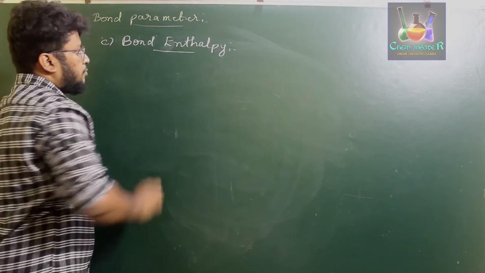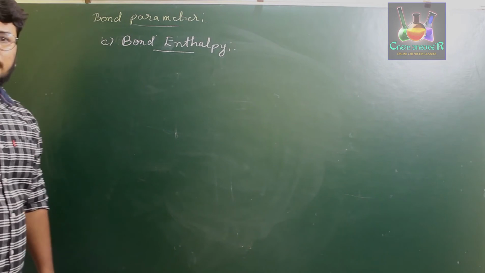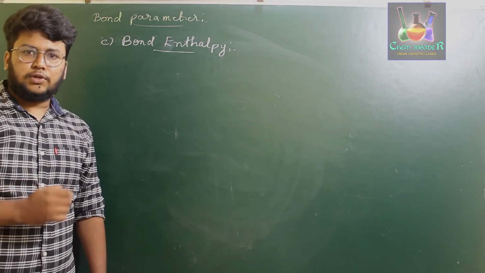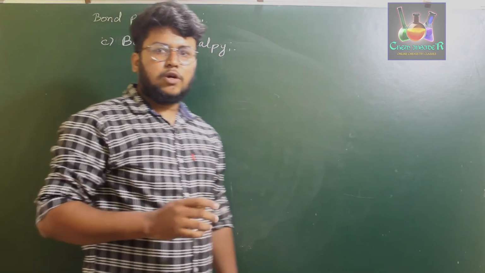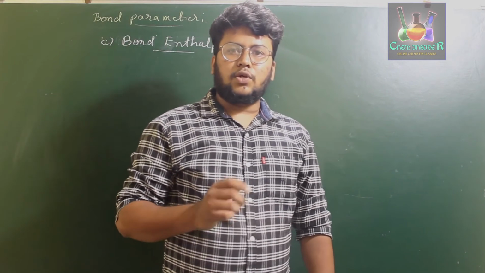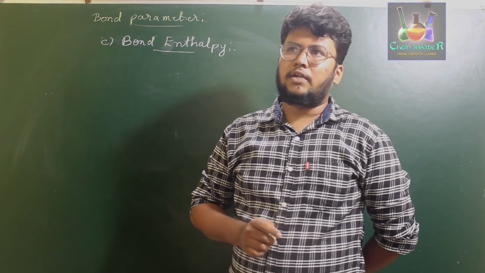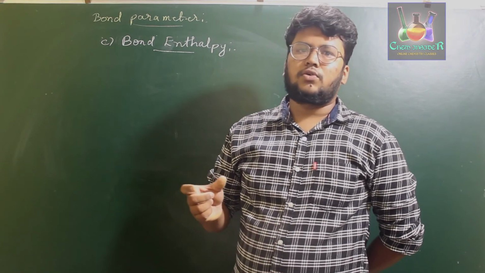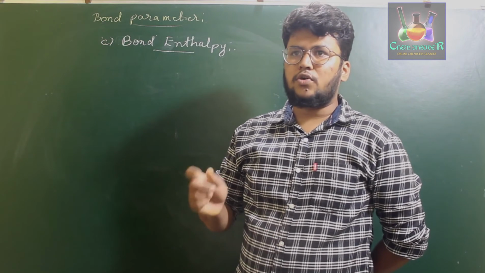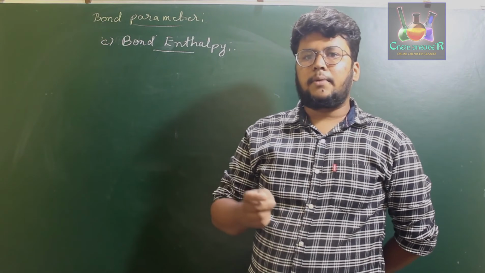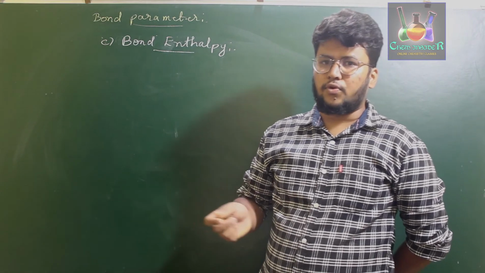Bond enthalpy of a molecule clearly explains the stability of that molecule. If you consider any two atoms having certain bonds present between them, like covalent bonds, as I said in the earlier videos, covalent bonds are those where we have a share of electrons present between them, and those electrons will be attracted by the nucleus using some amount of force.